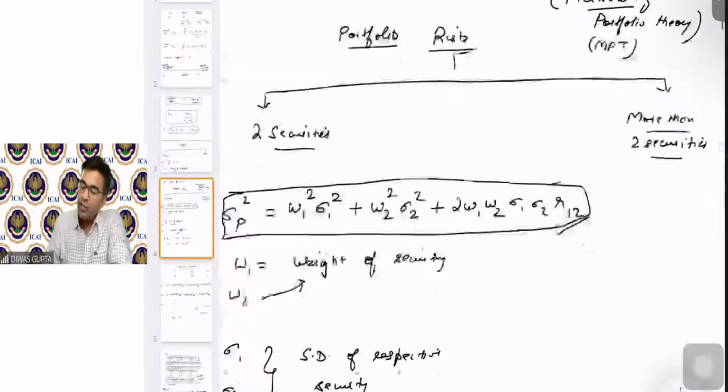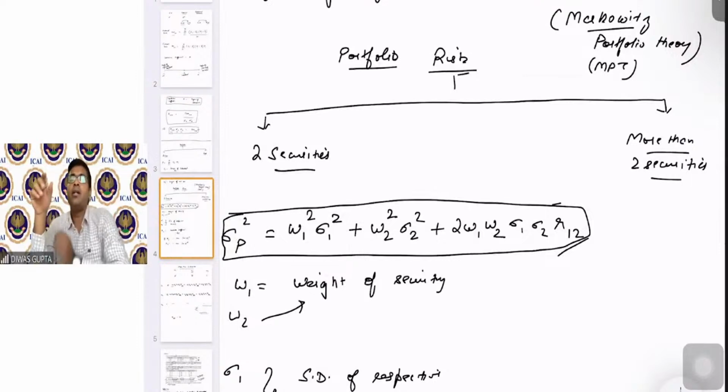However, Markowitz portfolio theory under risks had two different bifurcations, one for two securities, one for multiple securities. Two securities are helpful once we have R is equal to +1, R is equal to -1. That part we discussed just now. If R is equal to -1, the highest level of diversification is possible because your risk will always be lesser. If R is equal to +1, you can simply apply the formula of A plus B whole square.